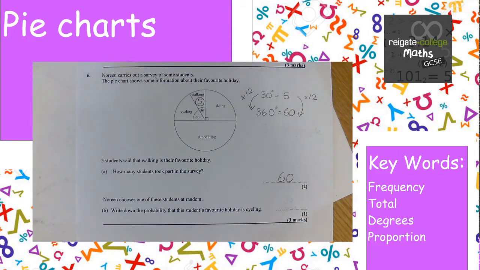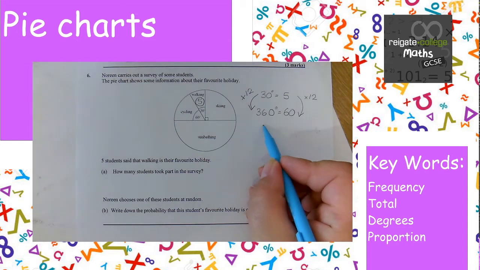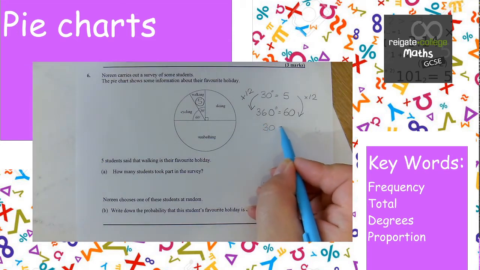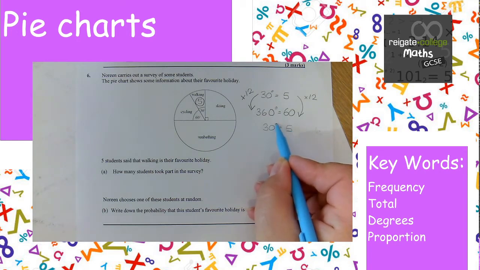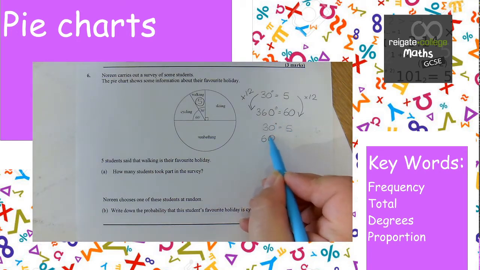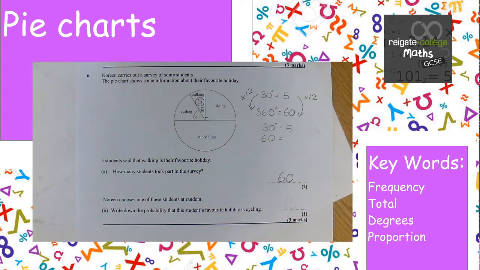Our final part of the question is probability. It says Noreen chooses one of the students at random. Write down the probability that the student's favourite holiday is cycling. We know probability is always written as a fraction, and we're looking for the number of students that prefer cycling as our numerator. If we go back to the original piece of information, which is 30 degrees represents 5 people, we want to scale that up proportionally to find how many people are represented by 60 degrees.